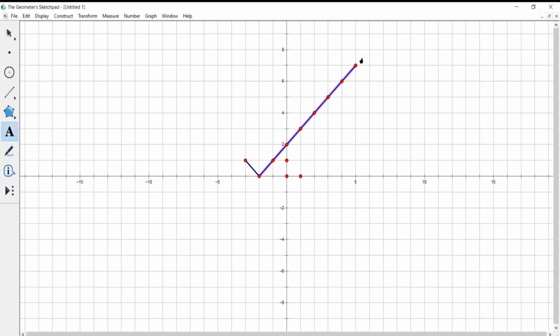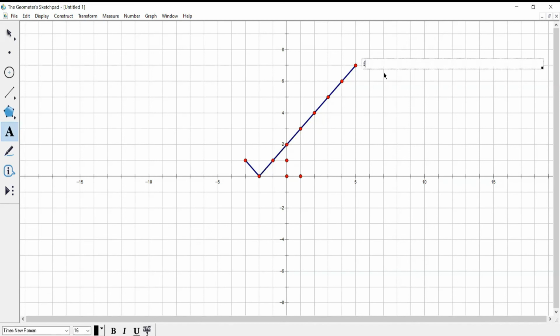This is f of x equal to the modulus of x plus 2. All right, nice. So that's f of x. Now let's plot our g of x.